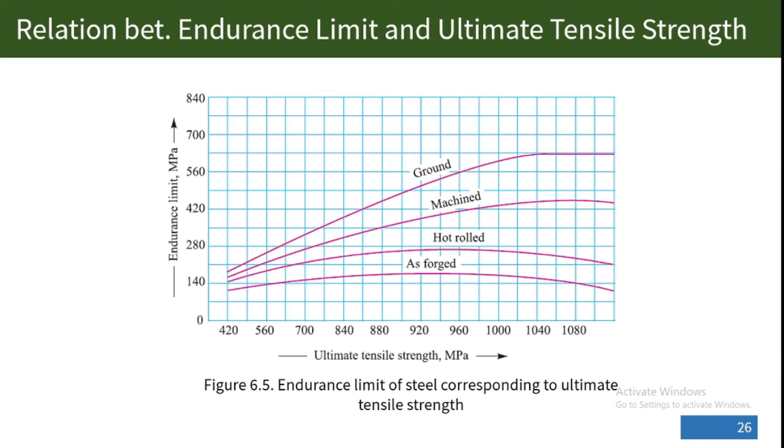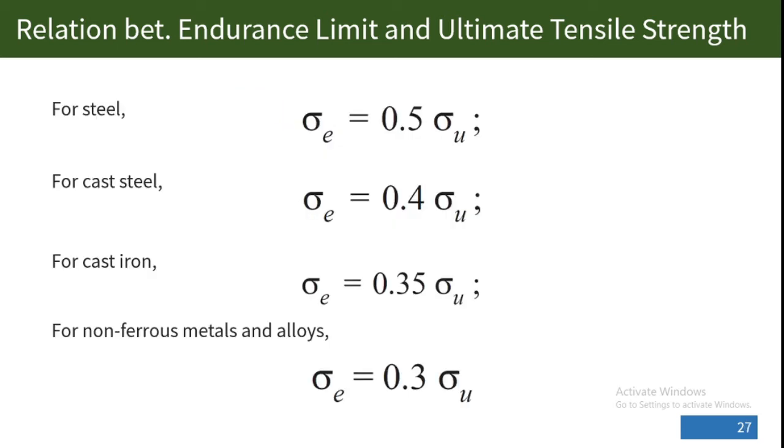So there are empirical relations that are commonly used in practice. For example, for steel, the endurance limit is equal to 0.5 or half of the ultimate tensile strength. While for cast steel, the endurance limit is equal to 40% or 0.4 of the ultimate tensile strength.